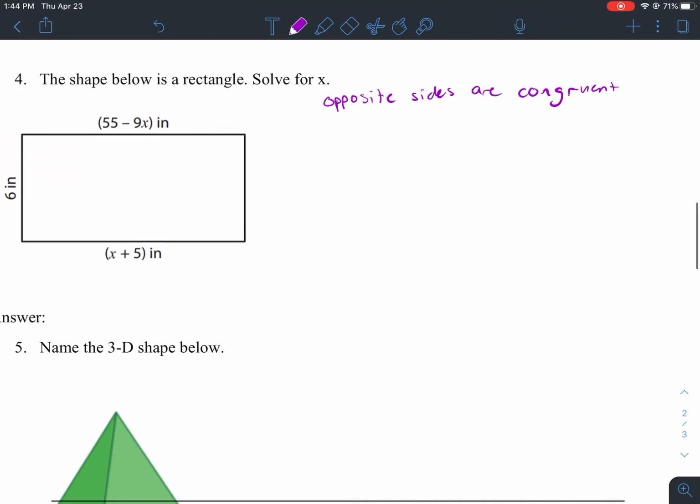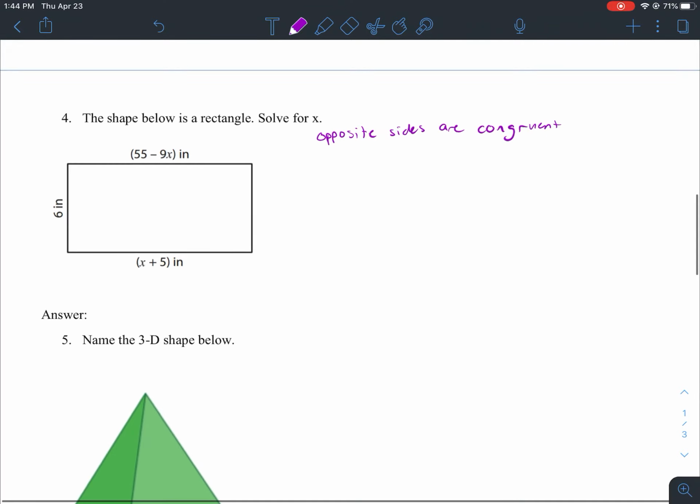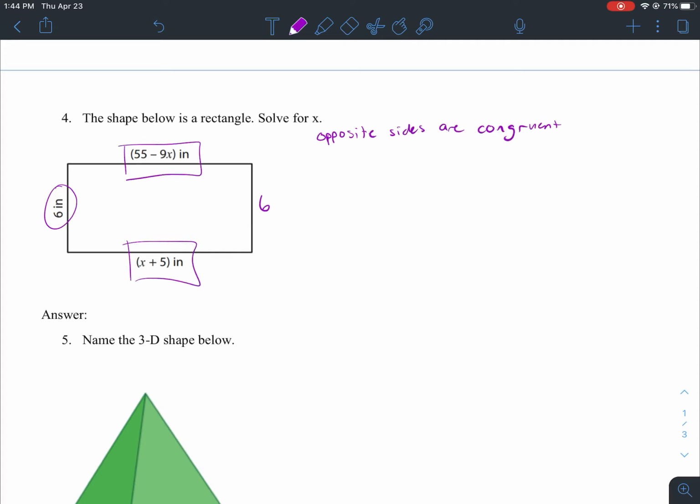And since the opposite sides are congruent, we can go ahead and set opposite sides equal to each other. Now, if we look here, this 6, we don't have any information on this other side. I mean, we know that that must also be a 6, but that's not going to help us solve for x. However, we do have information on both of these sides. And since these are opposite sides of a rectangle, we can set them equal to each other.